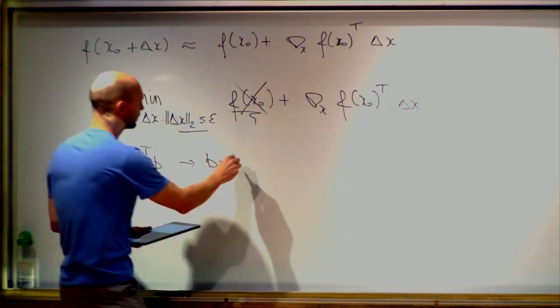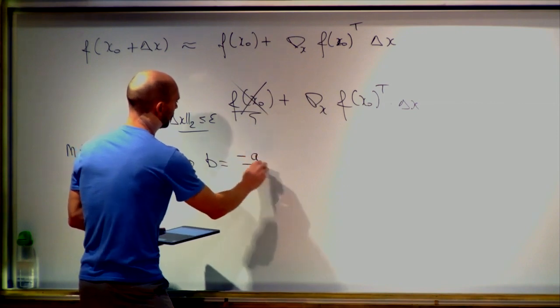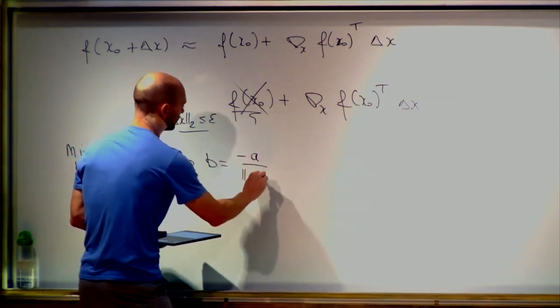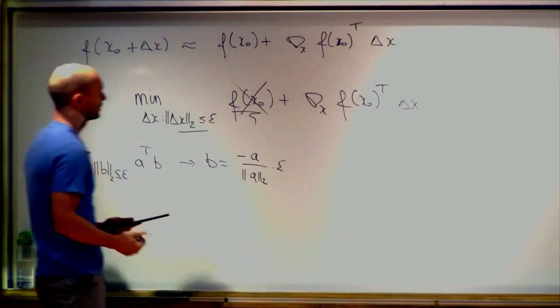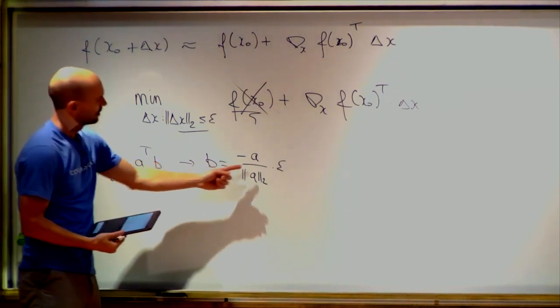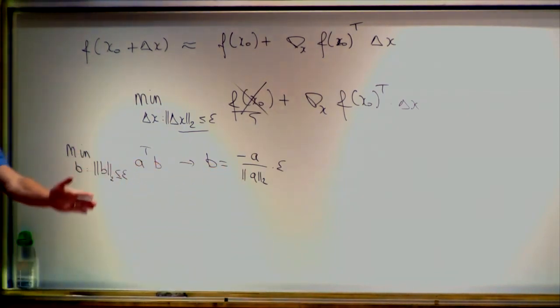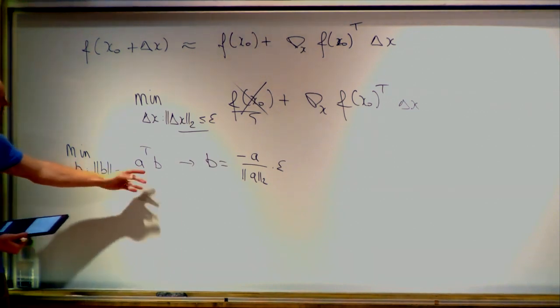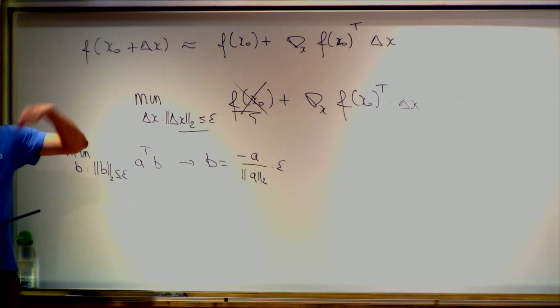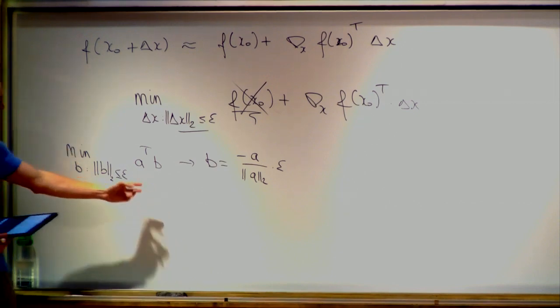So we need to take b equal to minus a over the norm of a times epsilon. This is saying I'm going to take a vector in the exact opposite direction of a, because I want to minimize this quantity. And minimizing means that I want to have a negative sign in that resulting thing.